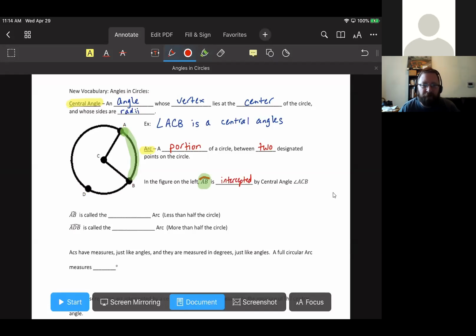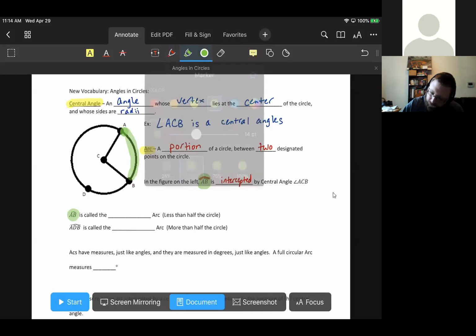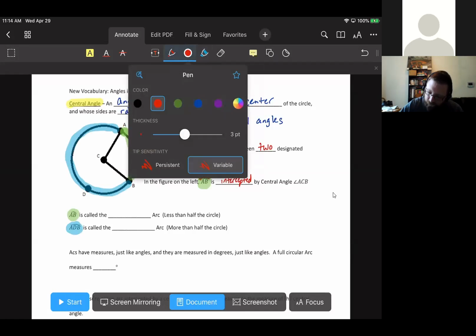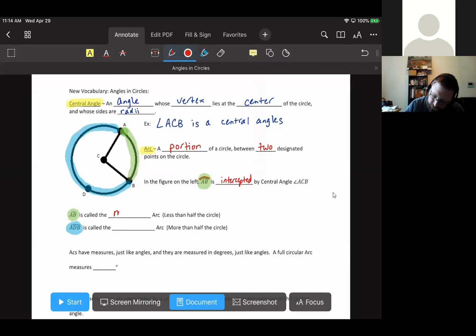Now, we have to be a little bit careful here, though, because in theory, there are actually two different arcs being intercepted by those points. We have the small arc and the big arc. So the small arc is known as the minor arc, and that's always the one that is less than half of the circle.